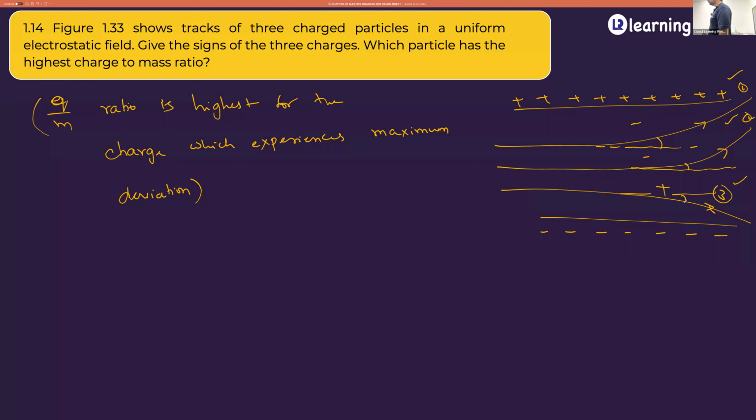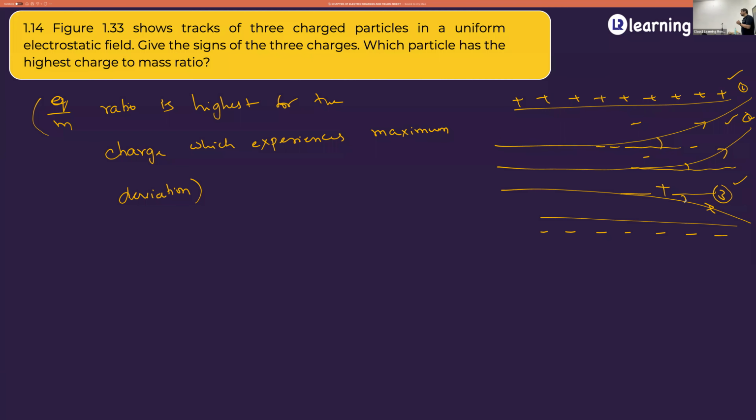See, why is it so? Actually, the answer to that question is given in the 33rd question. Look at 1.33, the next page. So there, you're able to see one expression, QEL square divided by 2Vx square, I think.